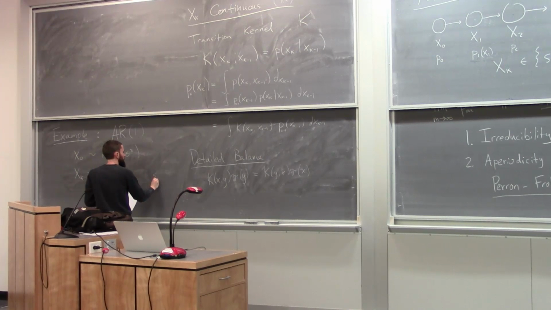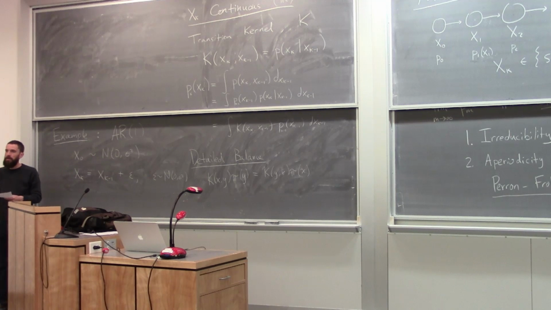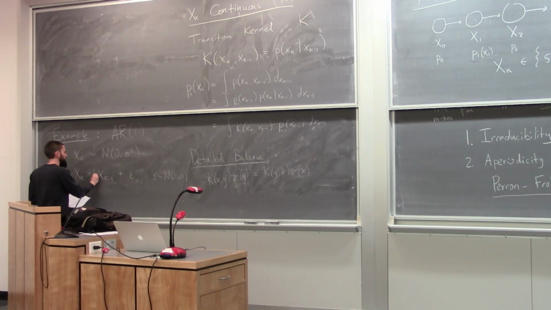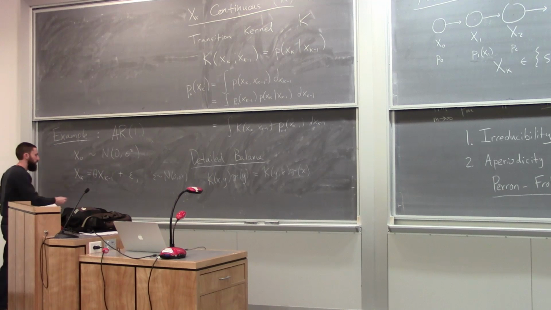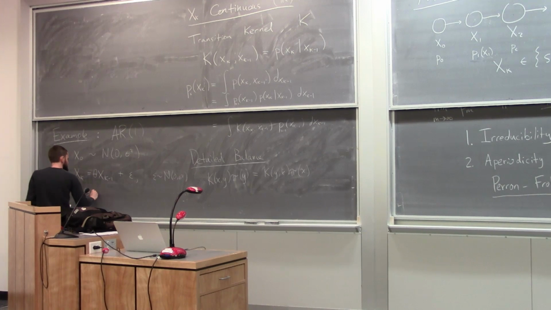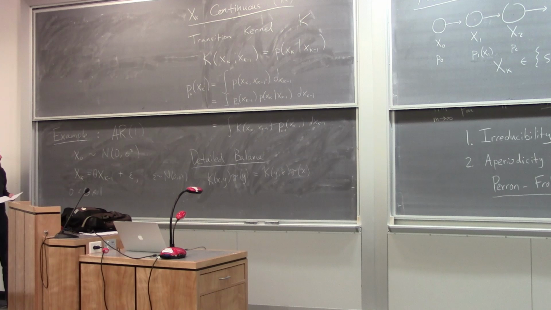And that noise is also Gaussian with 0 mean and variance sigma squared. Oh wait, sorry, I can multiply this by theta. So theta is constant. Let's make theta less than 1 and greater than 0. So theta is something in between 0 and 1.